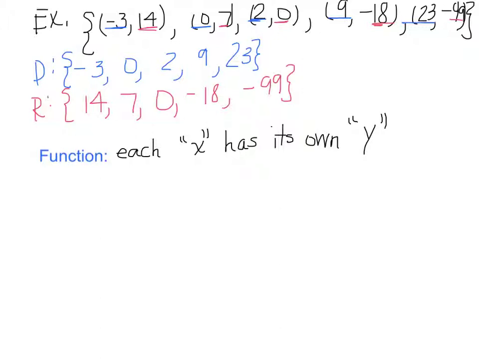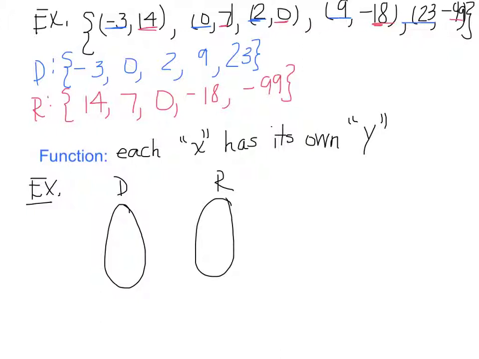So for example, if we had this mapping, here's our domain, here's our range. Let's say we had -3, 0, and 4, and -2, 1, and 7.